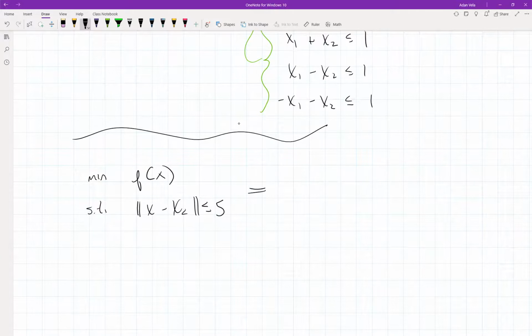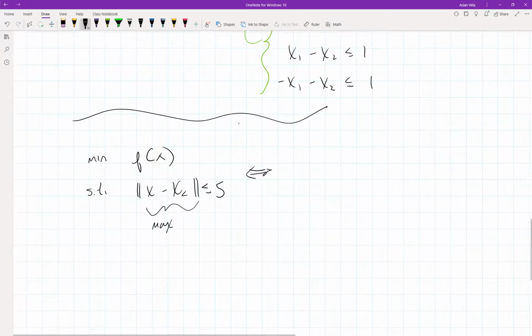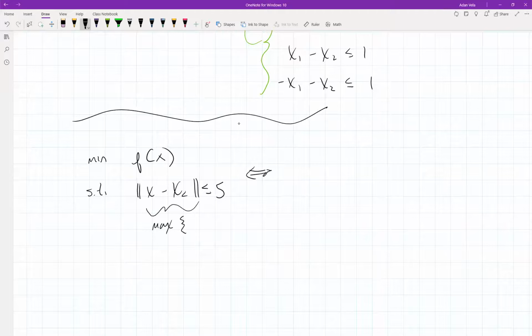Again, this is like taking the max. So here we're saying, what's the max of the absolute value of x1 minus xc1, and the absolute value of x2 minus xc2.